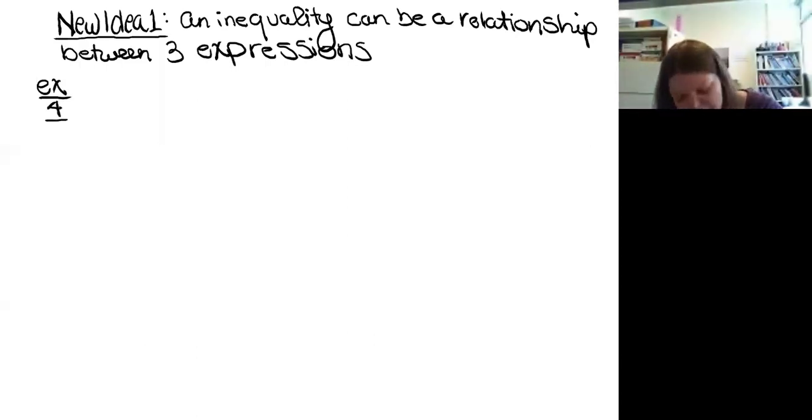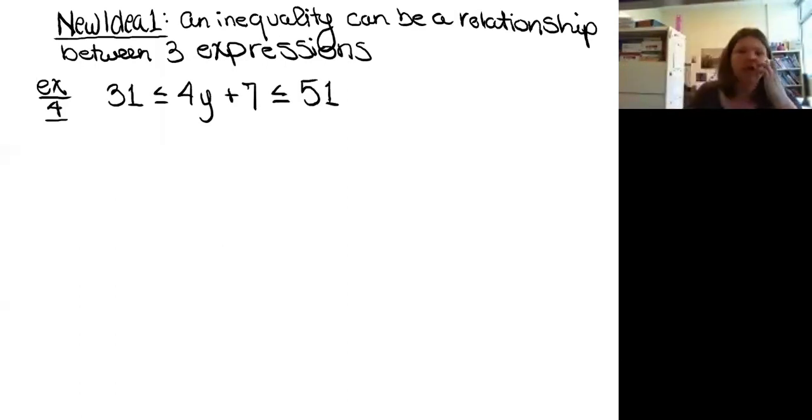Okay, so let me show you my first example of this. On this problem, unlike the other ones I've seen, I don't have a relationship between only 2 expressions. I actually have a relationship between 3 expressions. Now, they're not complicated. The first expression is just that 31.